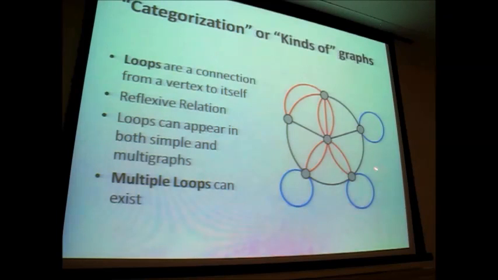There's also the idea of a loop, where a vertex connects to itself. It's mathematically referred to as a reflexive relationship. Again, in theory, you can have these on simple graphs or multigraphs, and potentially multiple loops. When you're analyzing graph structures, you need to be thinking about all this stuff.